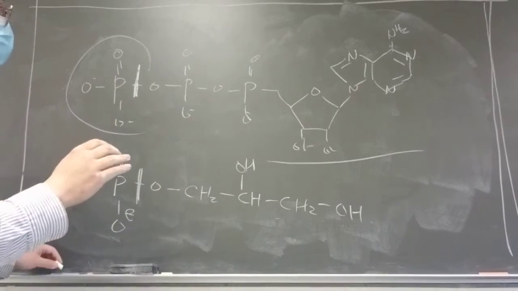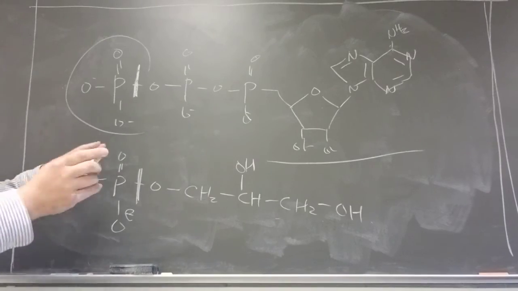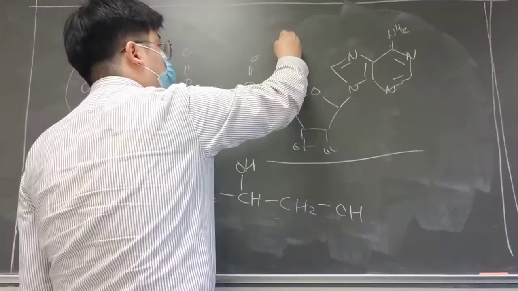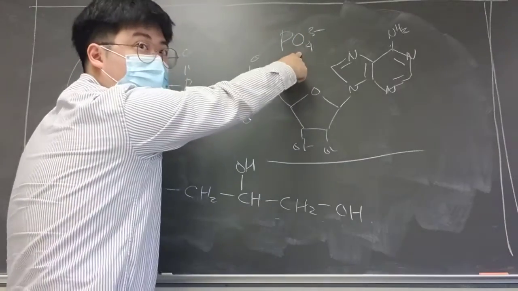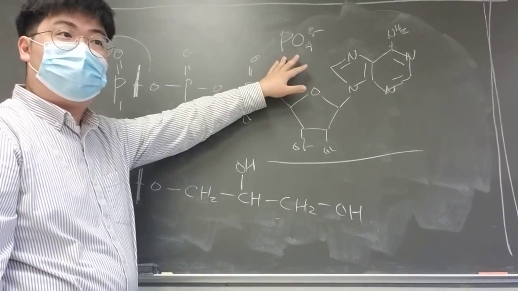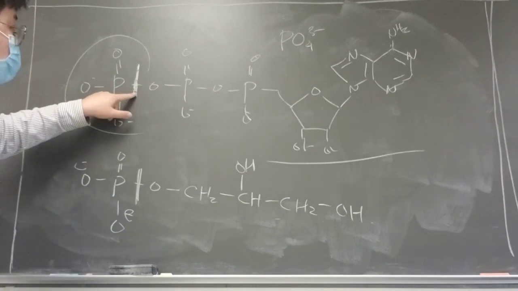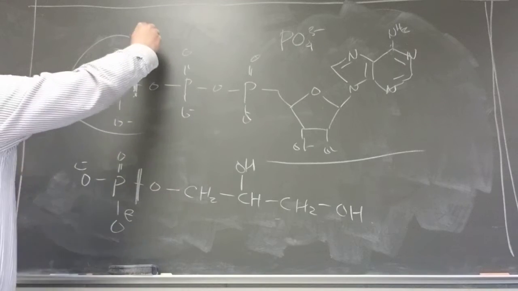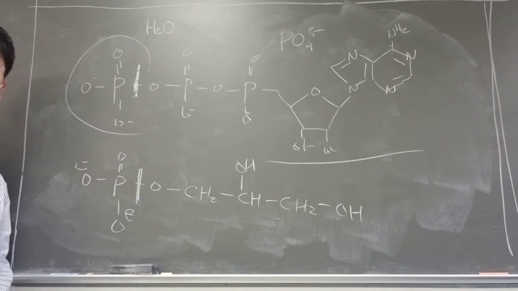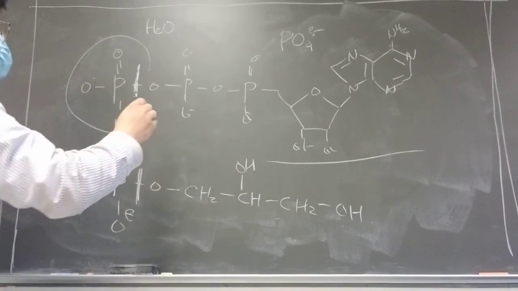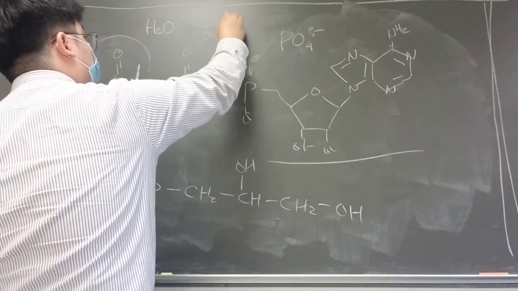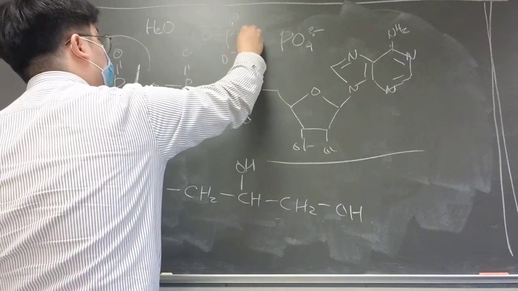I don't know if it's covered in the bio class, but you remember phosphate, right? You can draw the resonance structure for this. When you break this bond over here, we normally do this with water. If you break the bond with water, we call this hydrolysis. So if you do that, they'll become like this.